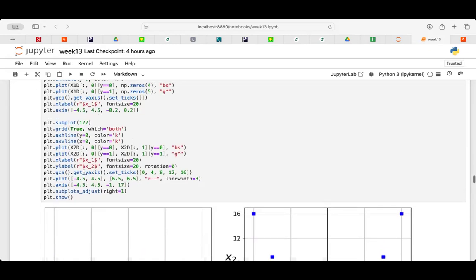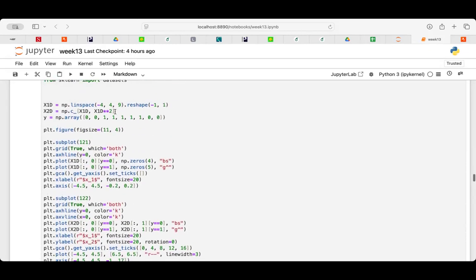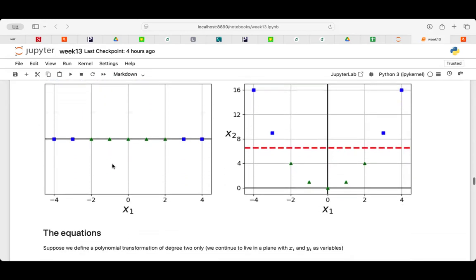What we did here is to square the data set. When you square the data set, you see that since the squares are for larger values in absolute value for x1s, we can then have values which can be easily separated.